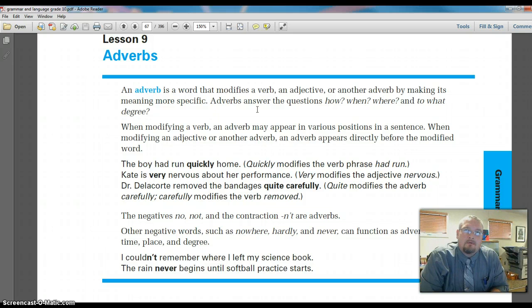Let's look at the examples. I couldn't remember where I left my science book. Couldn't becomes the adverb. The rain never begins until softball practice starts. Never tells about a time. It's an adverb.